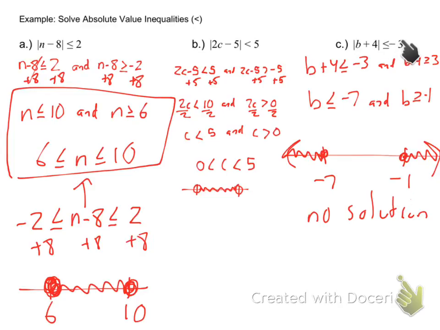No. Therefore, no solution. Can you guys see that? If you can't be, by definition, less than a positive number, then you definitely can't be less than a negative. 0 is the smallest number you can go to, not a negative. Okay?